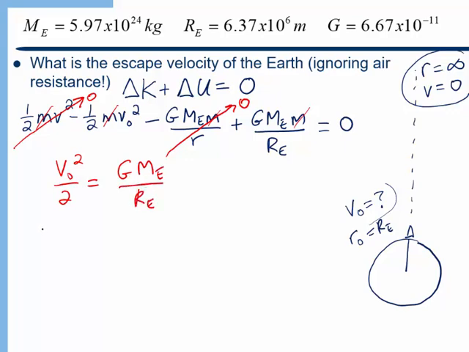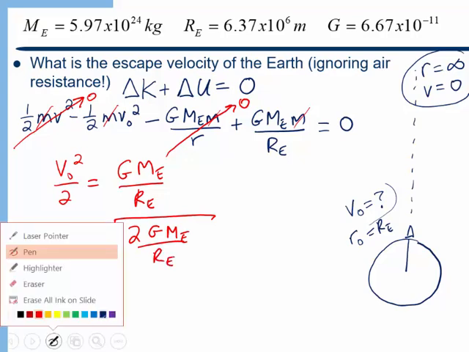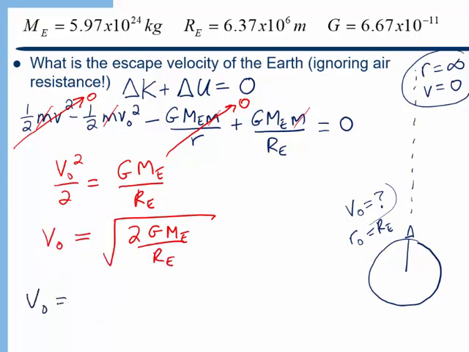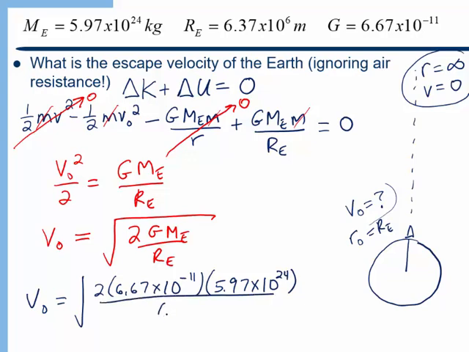And therefore, the escape velocity can be found by simply taking the square root of 2G mass of the Earth over R_e. So let's go ahead and just plug those numbers in. V naught is equal to the square root of 2 times 6.67 times 10 to the negative 11th times the mass of the Earth, which is 5.97 times 10 to the 24th, dividing that by the radius of the Earth, which is 6.37 times 10 to the 6th.